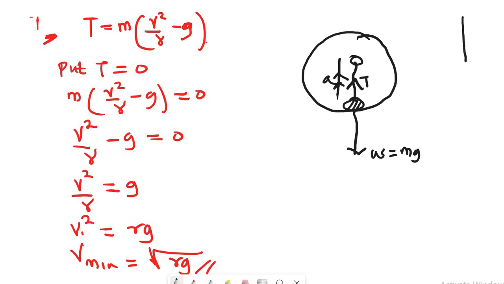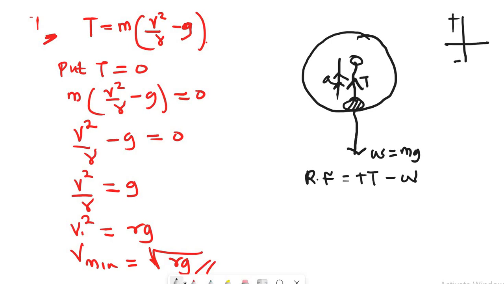After drawing a Cartesian, up is positive, down is negative. So the resultant force will be positive tension minus weight. Of course, the tension will be greater than weight.